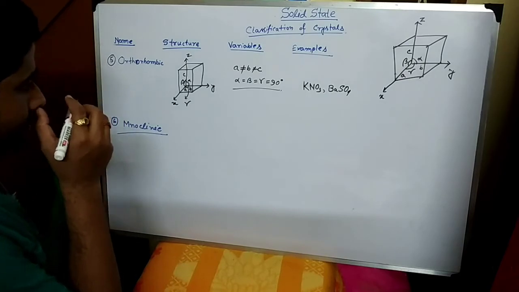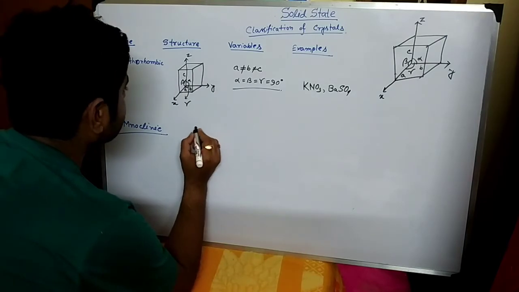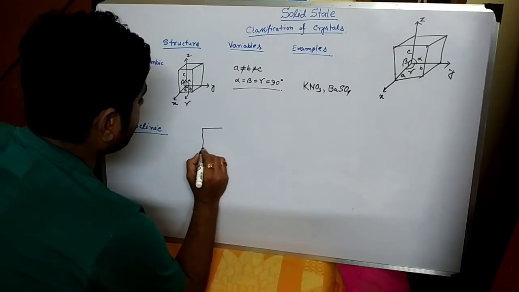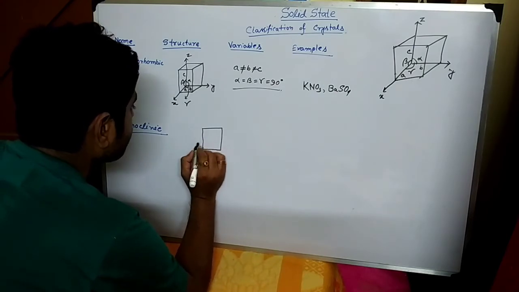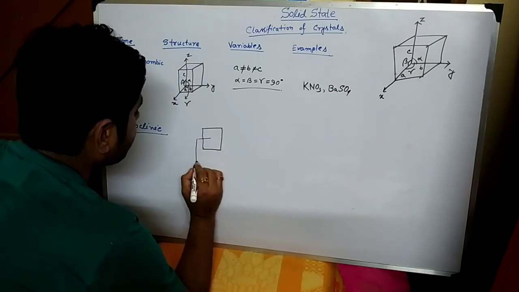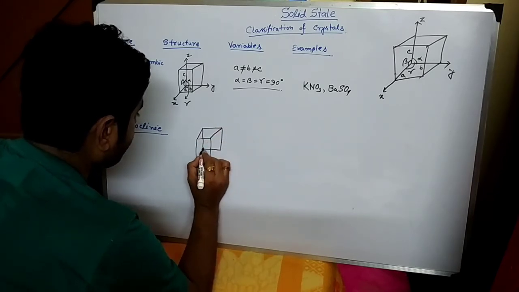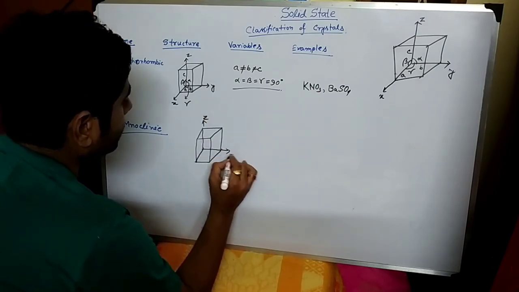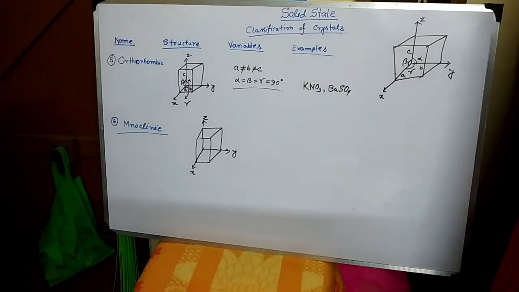For that, it should be, that is Z, Y and X, three crystallographic axes.